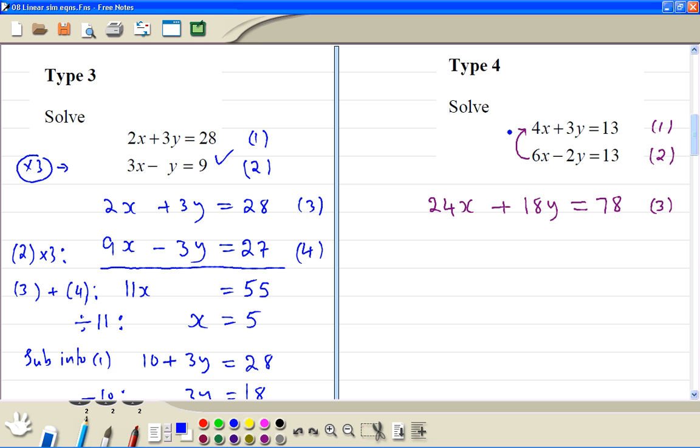Then equation 2, we're going to multiply by the coefficient of x here, which is 4. So 4 times 6 is 24x. 4 times minus 2 is minus 8. Then 4 times 13 is 52.